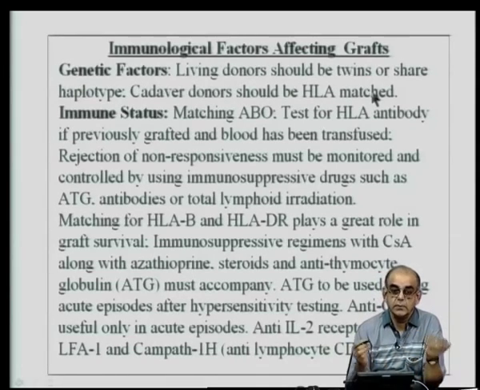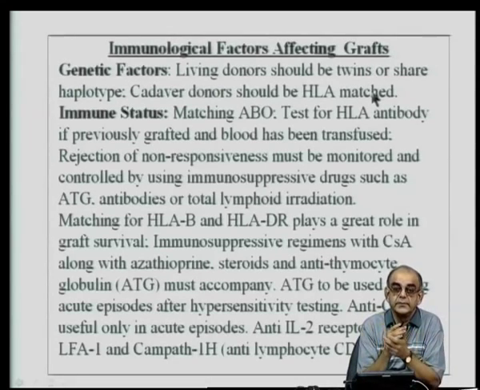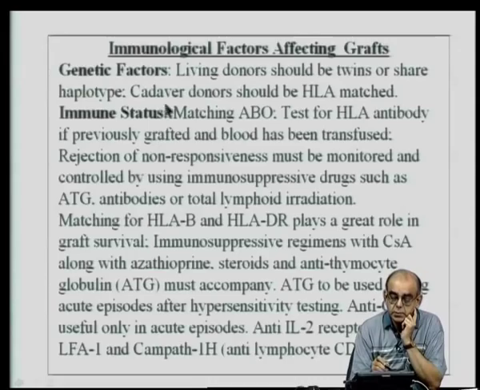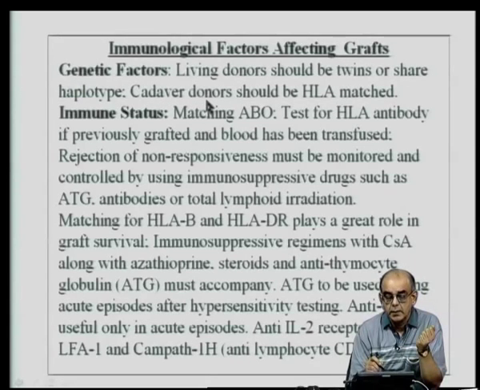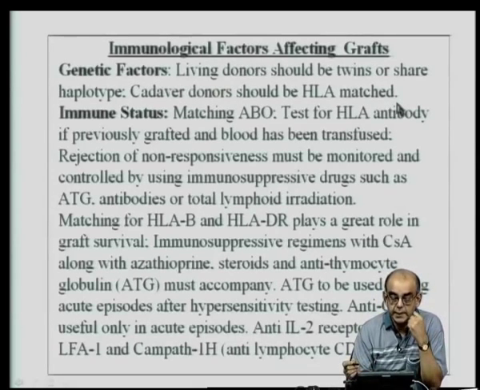But how many of us can get twins as donors, or in the situation of accepting or taking skin grafts? So, cadaver donors are preferred. These cadaver donors should be HLA matched for obvious reasons as I have just now indicated to you.